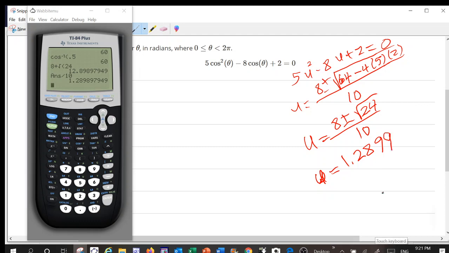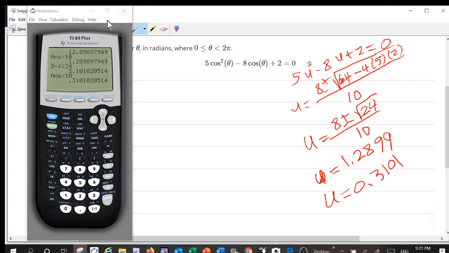And the other is 8 minus the square root of 24, and then divided by 10, which is 0.3 something. 0.3101.